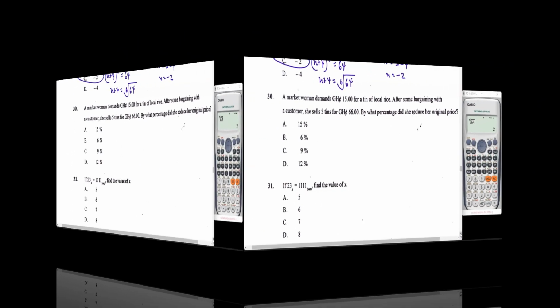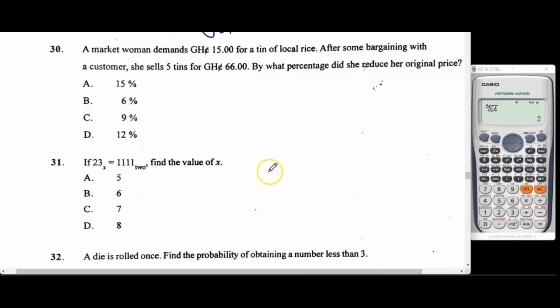Question 30. We are told that a market woman demands 15 Ghana cedis for a tin of local rice. After some bargaining with a customer, she sells 5 tins for 66 Ghana cedis.